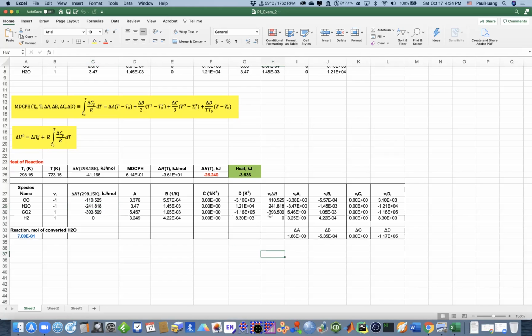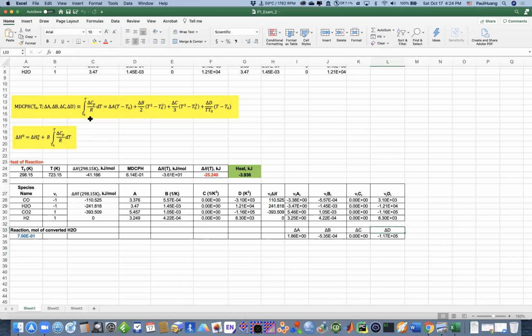So we need to make sure we are happy with those. Then when you put together the product of the CP coefficients with their stoichiometry coefficients, you have this delta A, delta B, delta C, delta D for the reaction involving the four components.